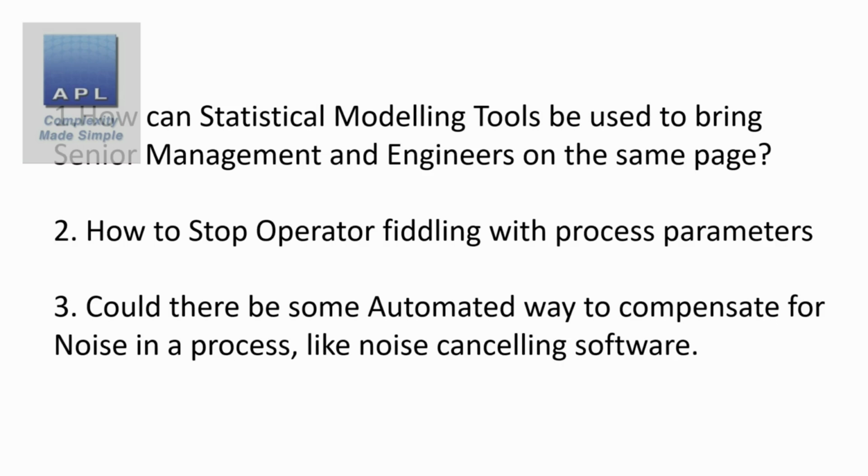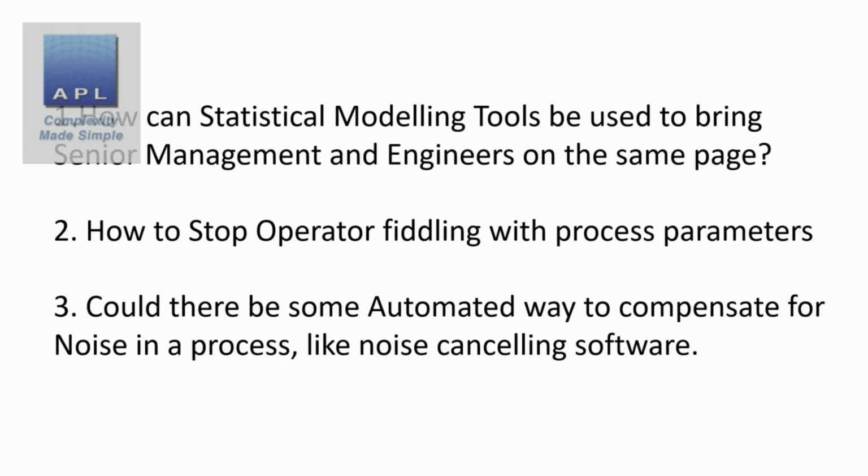So could we use some statistics in some way to help us to get senior managers and engineers on the same page? How do we stop operators fiddling with process parameters and taking the process away from proper settings? And could there be some automated way to compensate for noise in a process? A little bit like noise cancelling software, which works brilliantly, by the way.